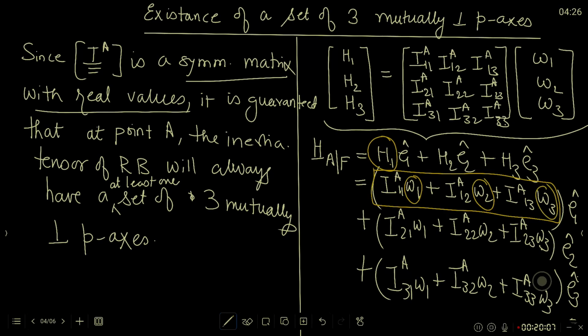Same thing will happen with H2. H2 is also depending on omega 1, omega 2 and omega 3, and H3 is also doing the same. So there is a cross coupling between the components of angular velocity and the components of angular momentum.